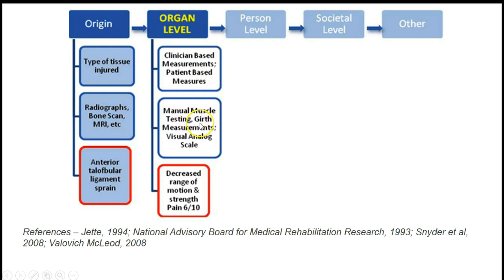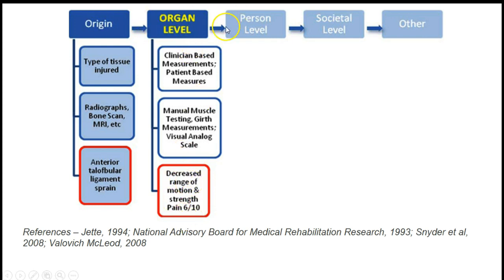We're going to do some girth measurements to see if there's swelling in the ankle joint. And then our patient-based measure might be something like a visual analog scale. In other words, how much pain is that patient in? And so we can say, okay, based on an ankle sprain model, they have decreased range of motion, and maybe their strength is reduced, and then they have pain at a 6 of 10 when they maybe dorsiflex their foot or plantarflex their foot, right?